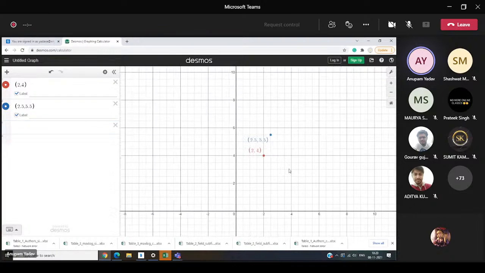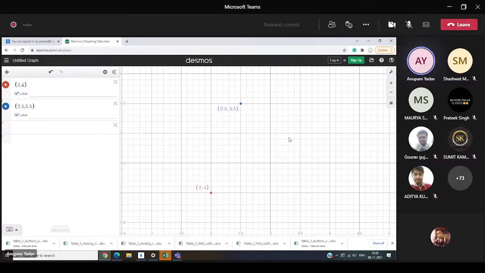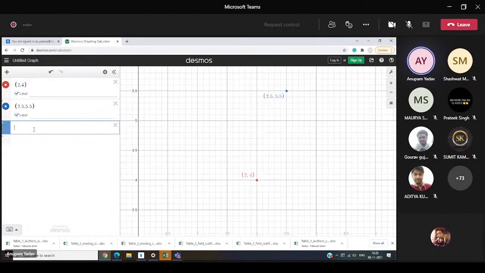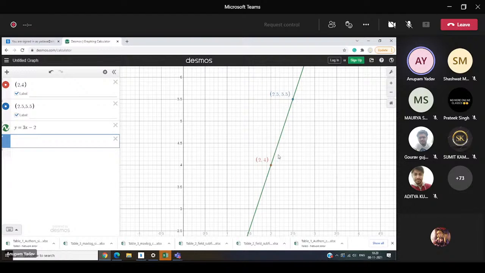Okay, these are the 2 points. And what we have got is y equals 3x minus 2. So you see, after using this method, we got a linear equation which passes through these 2 points.